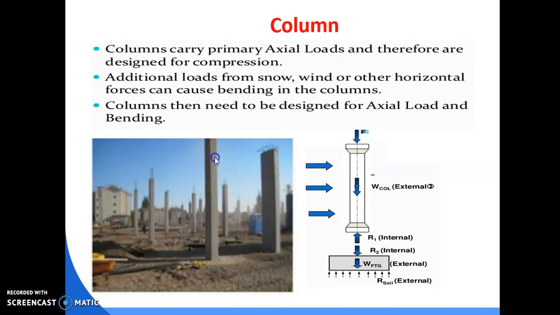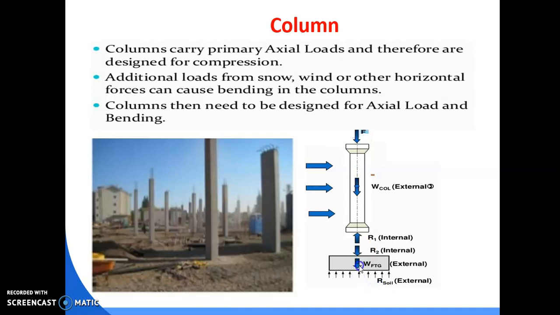As shown in the figure, these are the columns. These vertical structures are known as columns. We have seen that there is a pillar, or a column. F is the force of the beam applied upon the column. While it is applied, there should be a resistance given by the soil.